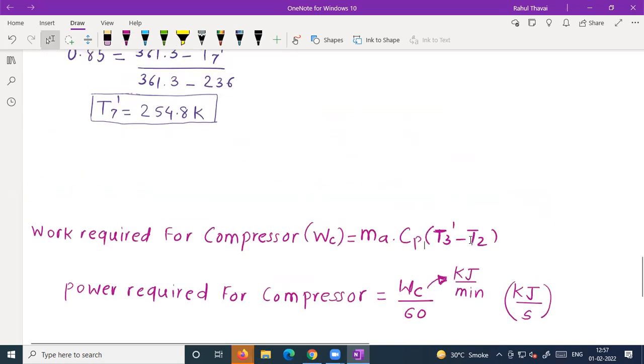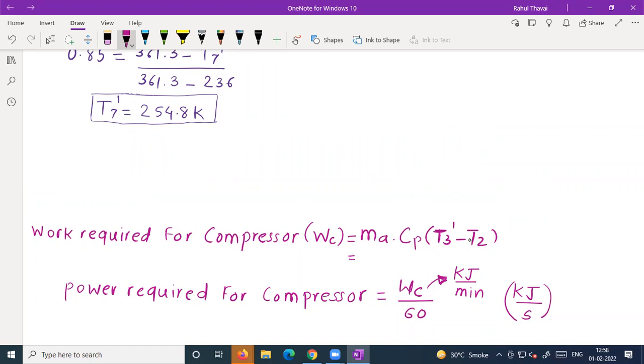As I told you in the last lecture, how to calculate the mass. I will not go into the detail of the formula. I need to put the mass of the air, Cp, and this temperature difference. For calculating the mass of the air, we need to calculate the refrigerating effect.